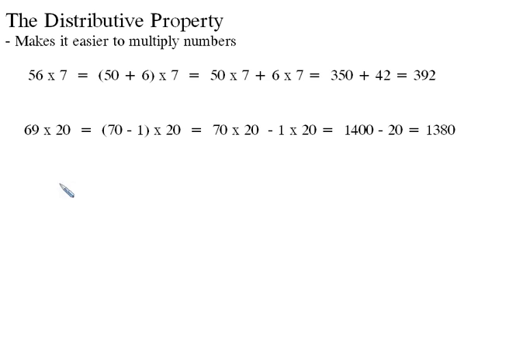And this works the same way if I wanted to go ahead and change this problem here, 56 times 7. I could change that problem into 60 minus 4 times 7. And I'd come up with the same answer.